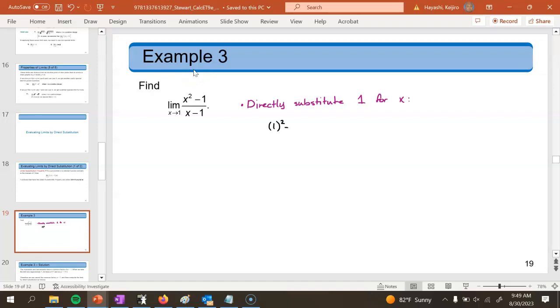So we're looking at 1 squared minus 1 over 1 minus 1. Numerator is 0, and the denominator is also 0.